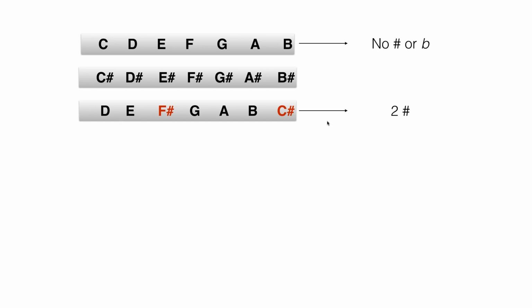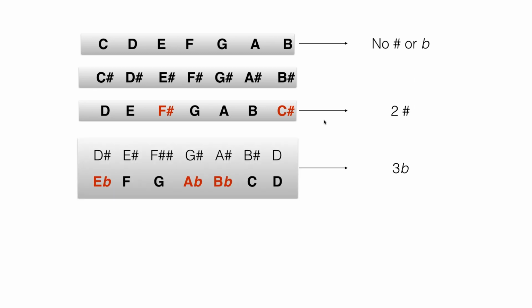So here we built the D major scale. That's why we have two sharps in the D major scale, because we have to keep the distance: whole step, whole step, half step, whole step, whole step, whole step, half step. This distance we keep here. So here we have built the D major scale.